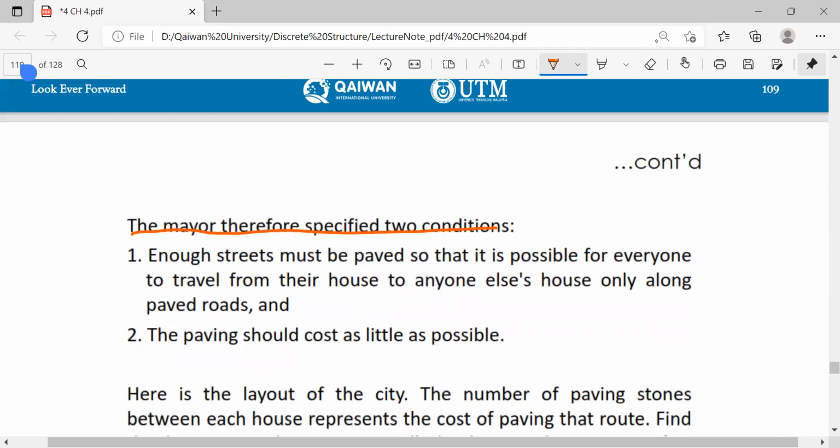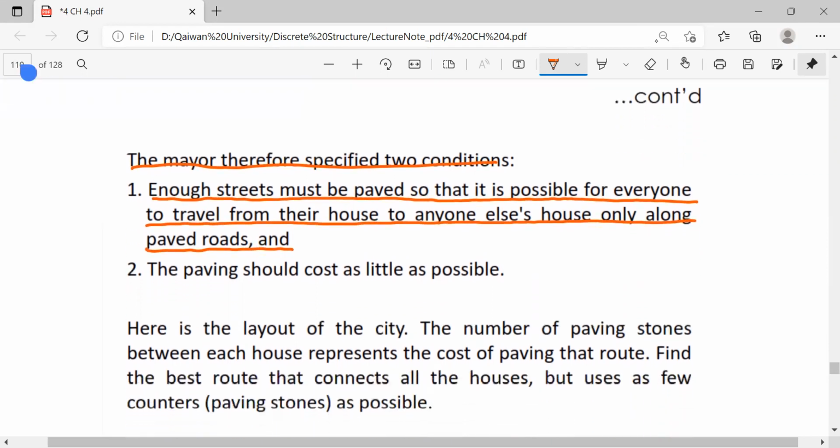The first one is enough streets must be paved so that it's possible for everyone to travel from their house to anywhere else's house only along paved roads, and the paving should cost as little as possible.